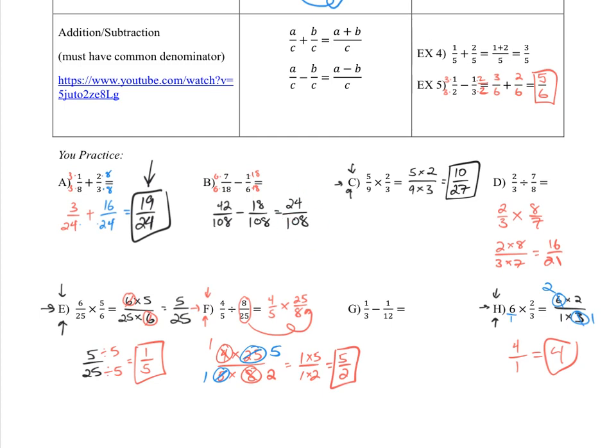So what we can do is start dividing by numbers and see what happens here. So I can divide the top and bottom by 4, I know that much. So that'll give me 24 divided by 4 would be 6, and 108 divided by 4 would give me 27.